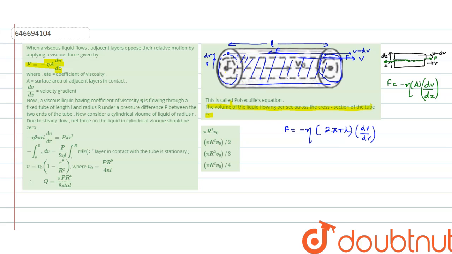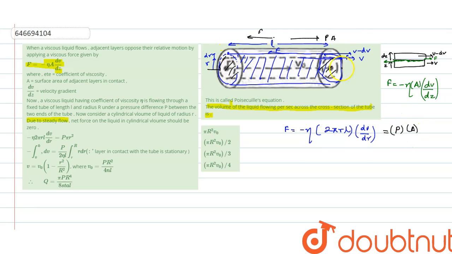Finally, because this liquid is in steady flow, therefore the net force on this liquid will be 0. Let us say the friction on this liquid section is net in this direction and the pressure force is in this direction, which is PA, then this frictional force should be equal to pressure multiplied by area.